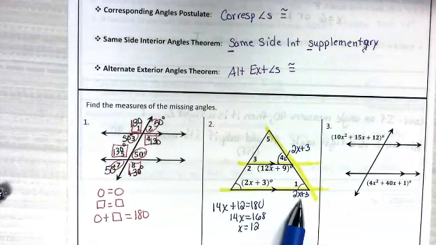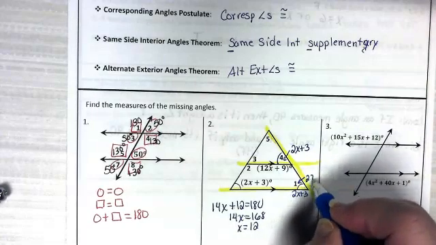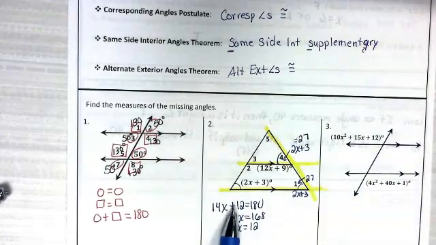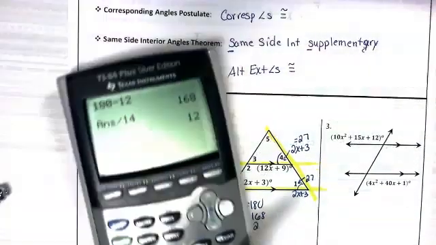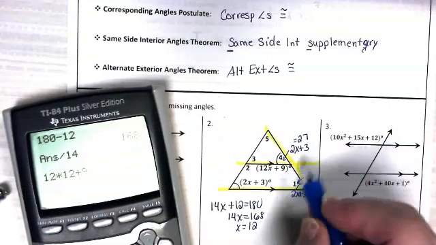So if x is 12, let's plug it in. 2 times 12 plus 3. Angle 1 is 27. Angle 4 is 27. If I plug the 12 in here, 12 times 12 plus 9 is 153.